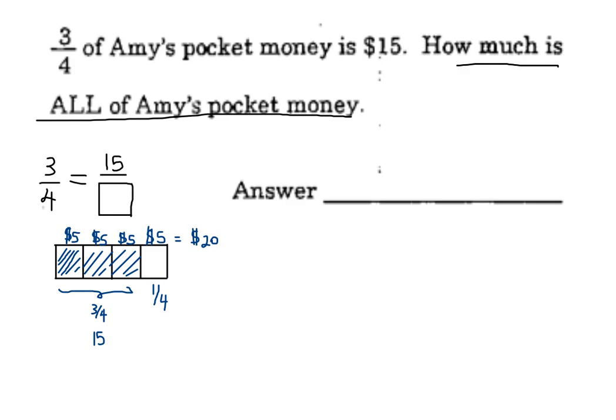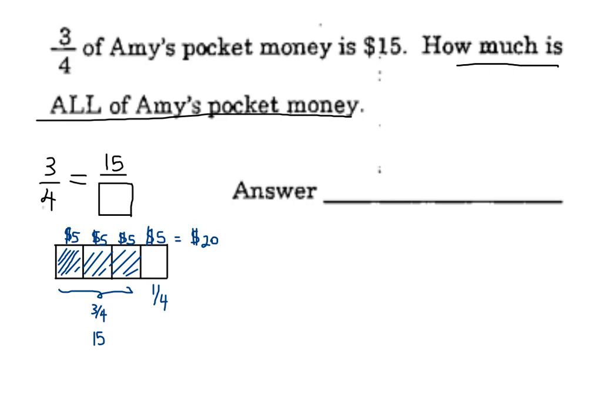So 3/4 of how much money she has is $15. What we could do is figure out how much 15 out of whatever is equal to 3/4. So let's find out what the 15 is out of, so we can get the total amount of money, because 15 out of how much money she has is 3/4.